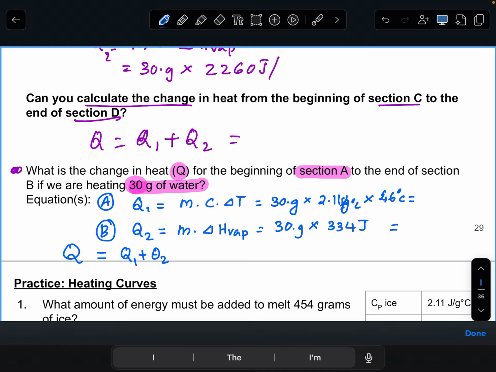Q1 plus Q2. Yeah, it's fusion, my bad. I put the correct value, though. It's fusion, not vaporization, my bad.